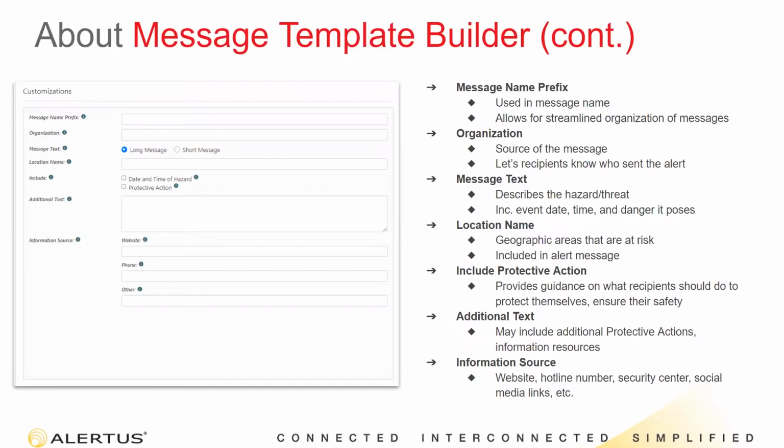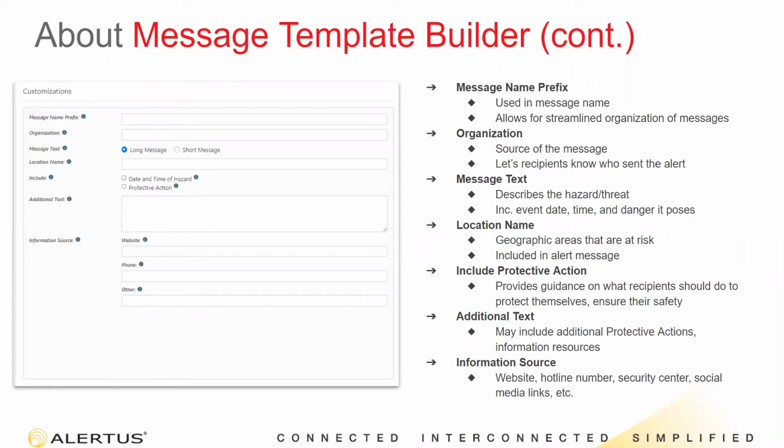The message text describes the hazard or threat with as much detail as is important for recipients to know at the time of the event. It can include the event date, time, and danger it poses. The location name is basically the geographic area that is at risk. These could also be buildings, campuses, or floors, and it lets recipients know what areas to avoid.